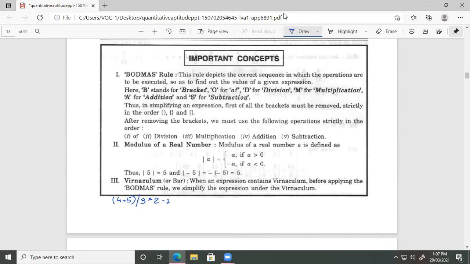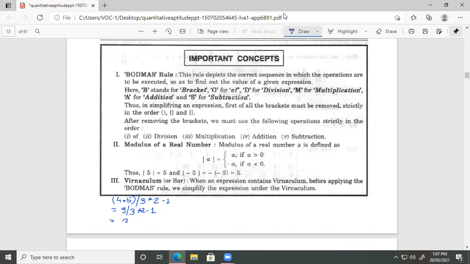So first we have to solve the bracket. We solve 4 plus 5, that will be 9, divided by 3, multiplied by 2, minus 1. Then we will solve the division.